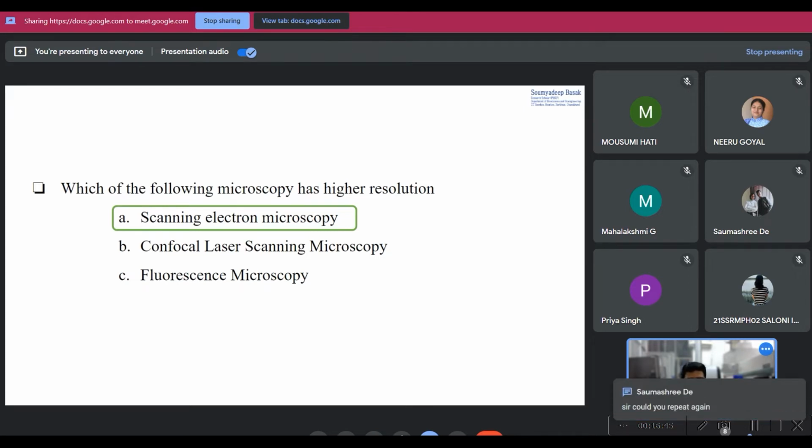What is the basic difference between SEM and TEM, the measurement-oriented differences? With SEM we can only get the surface information, right?